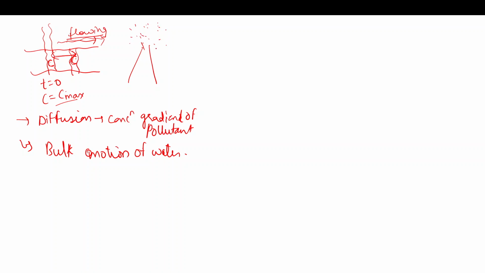Its concentration will be high here, but as you move forward it will reduce. This phenomenon is known as dispersion, and over a period of time the concentration will reduce.